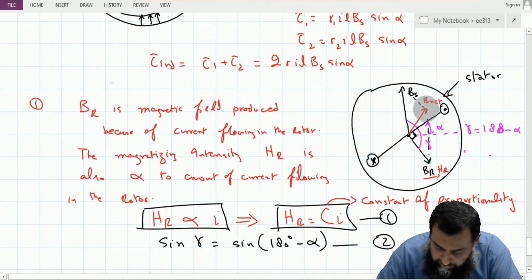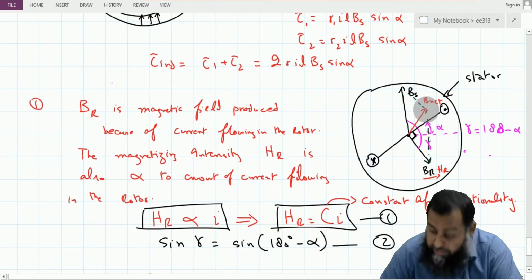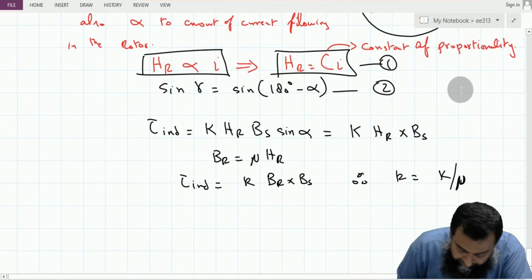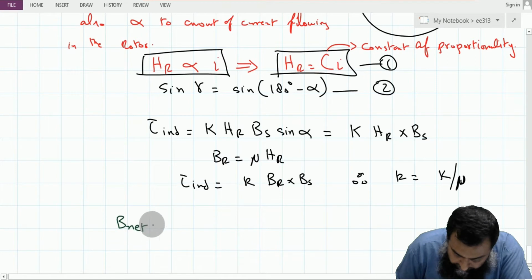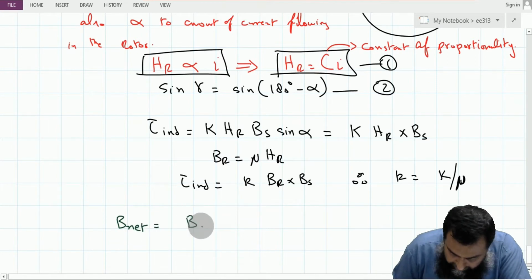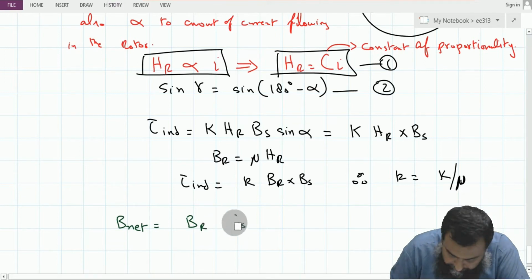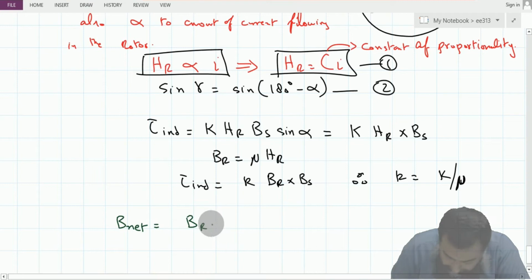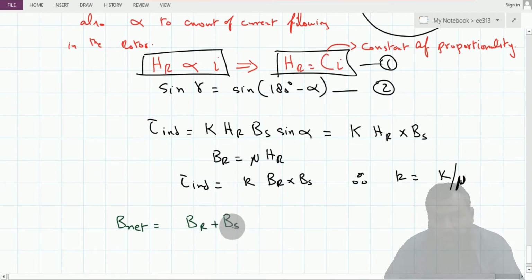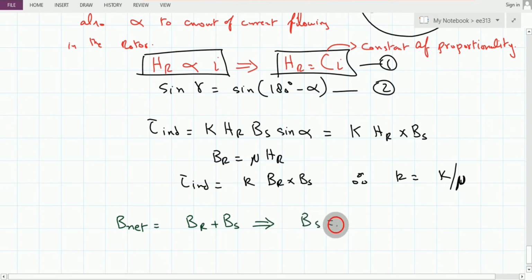Both ways you will reach this particular B net here. So the net magnetic field B net is equal to BR plus the magnetic field due to the stator winding. So using this expression, BS is equal to B net minus BR.